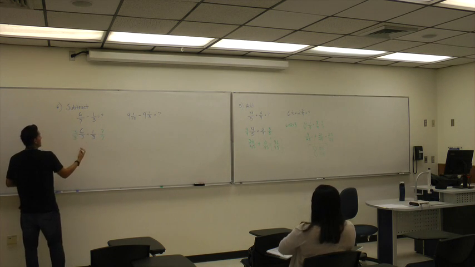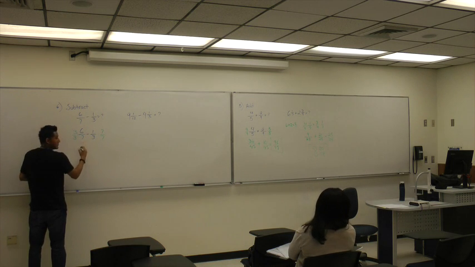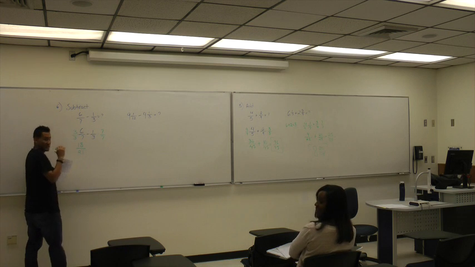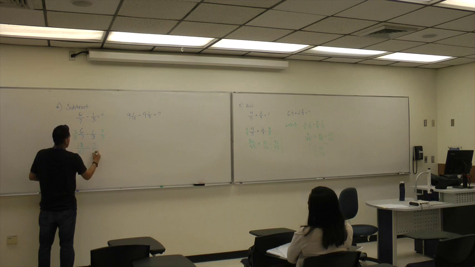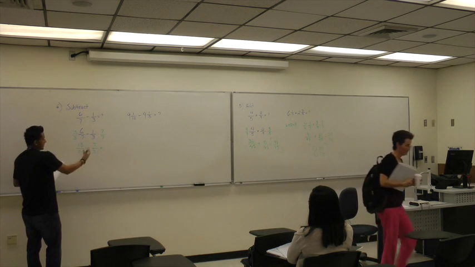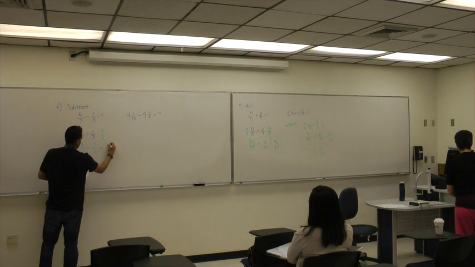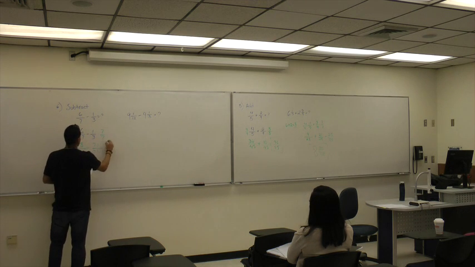So we have 3 times 6 would be 18 over 21. And 3 times 7 is 21, over 21, we have the same LCD, and we just have to do the subtraction of 18 minus 7. There you go, that would be your final answer.